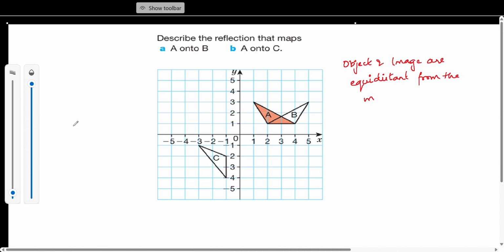This is a simple concept that we are introduced to when we first hear the word reflection, mirror images and all that. So how much ever the object is in front of the mirror, the same distance the image will be formed on the other side of the mirror.